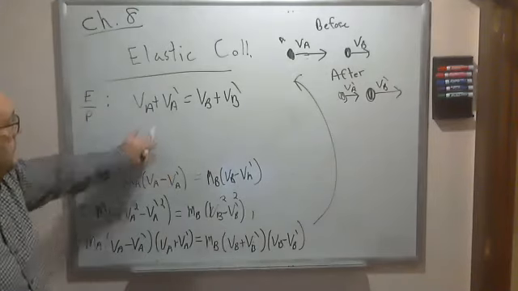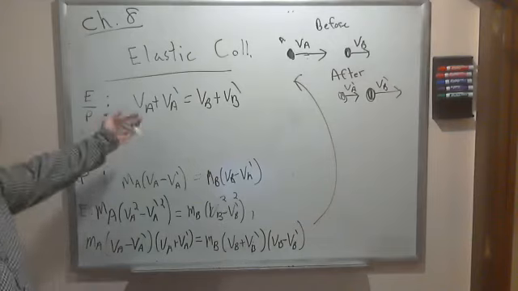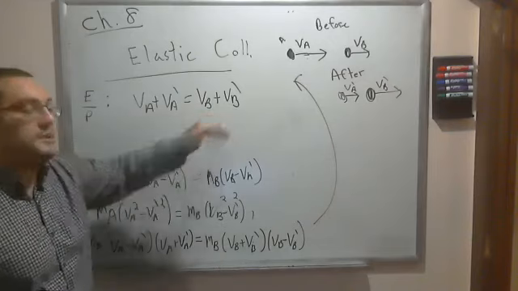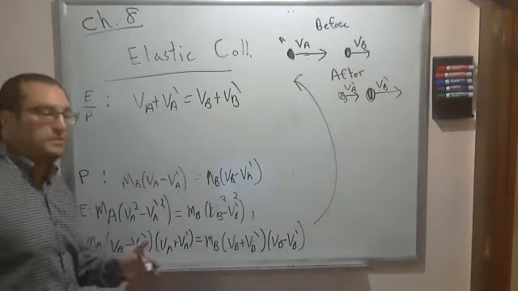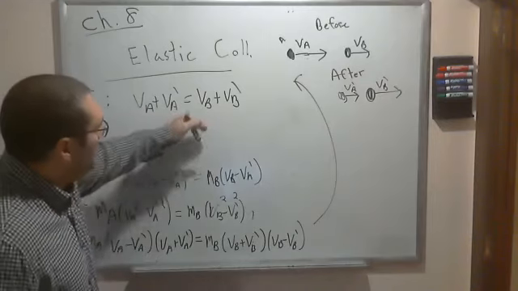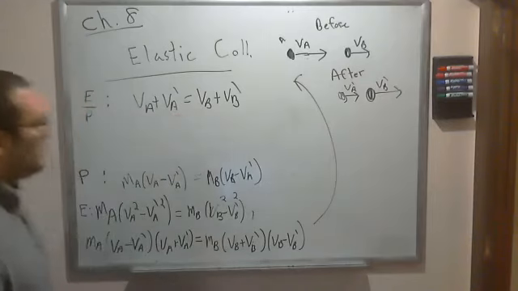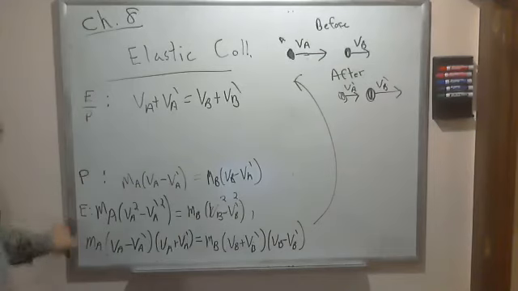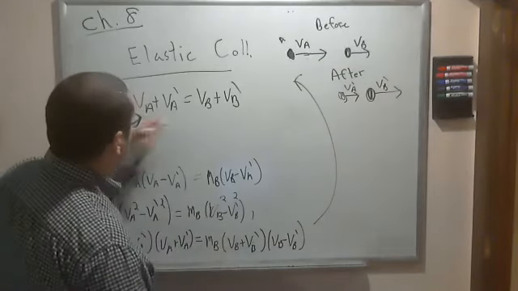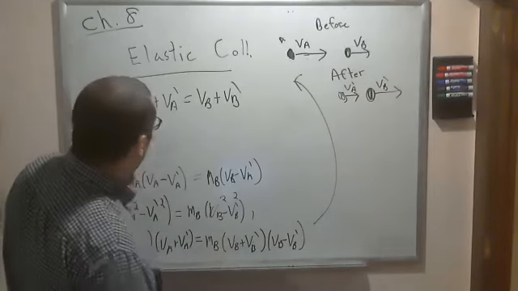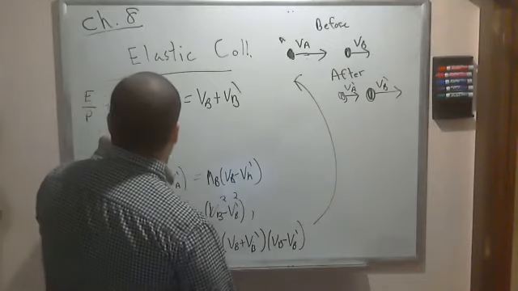Right? Isn't that interesting that the initial and final velocities don't depend on the mass anymore? It's kind of cool. And it comes from the fact that we conserve energy. We have that constraint. And let's do this a little bit differently.